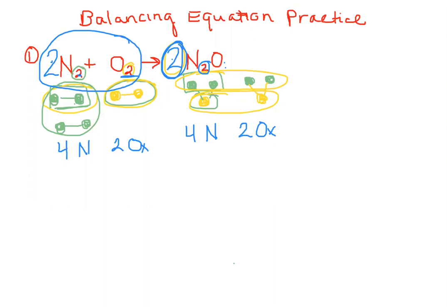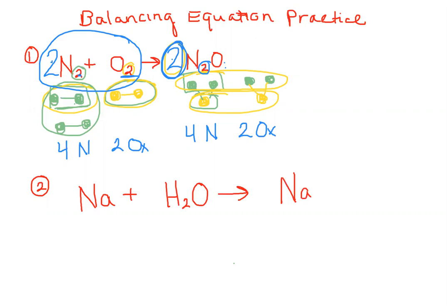Sometimes this is a little bit of trial and error. You're going to try some things, and if it doesn't match up, then you're going to have to erase it and go back and try something else. So we've got sodium plus water, and that's going to yield NaOH plus hydrogen.